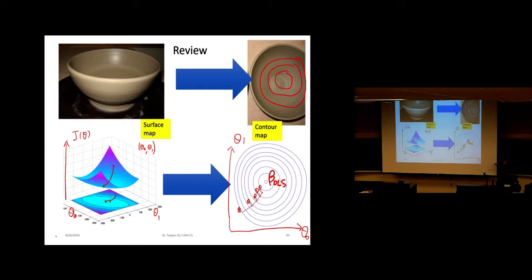The contour map is the movement of your theta vector, and the surface map is the changes of the objective function. Questions? You already finished the homework. Hopefully this is very intuitive now.